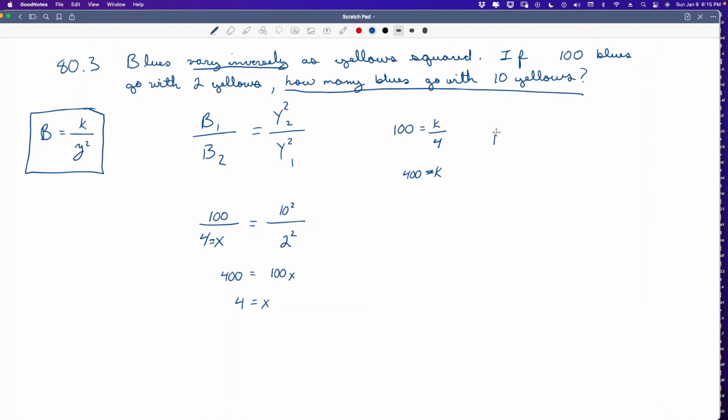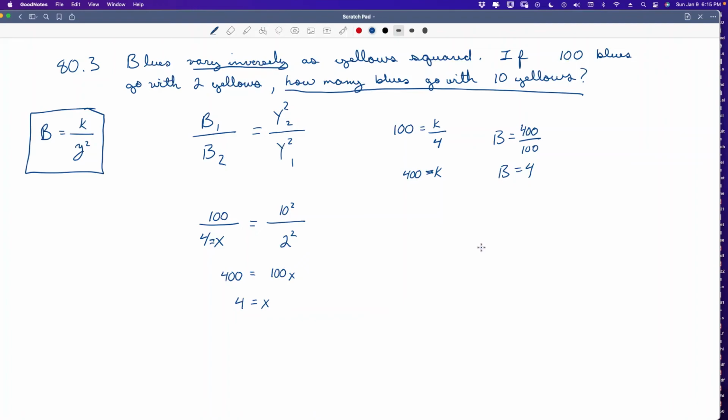So my second blue is equal to 400 over 10 squared, which would be 100. So my second event of blue would indeed be 4. But it took me only 3 steps as opposed to 4 steps with the old way of doing it.